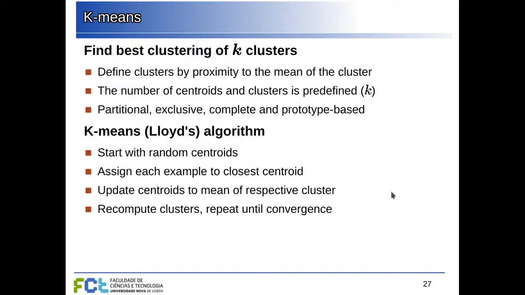And we're going to use Lloyd's algorithm for computing these clusters, which consists of starting with a random set of centroids, and then assigning each example to the closest centroid. After this, we have the clusters defined, and so we can update the centroid, the position, to the mean point of each cluster. And then we're going to recompute until we have convergence.